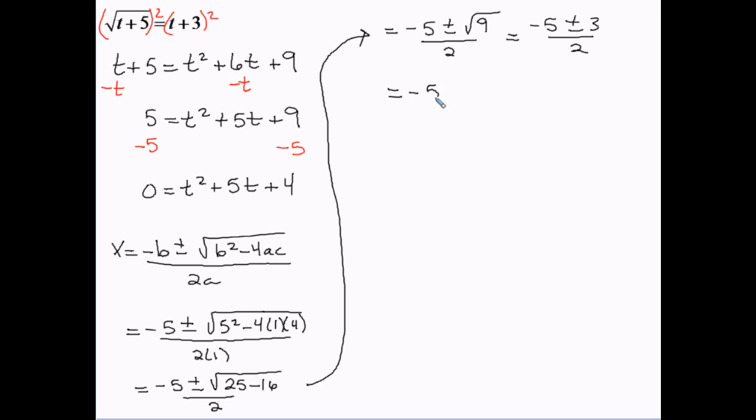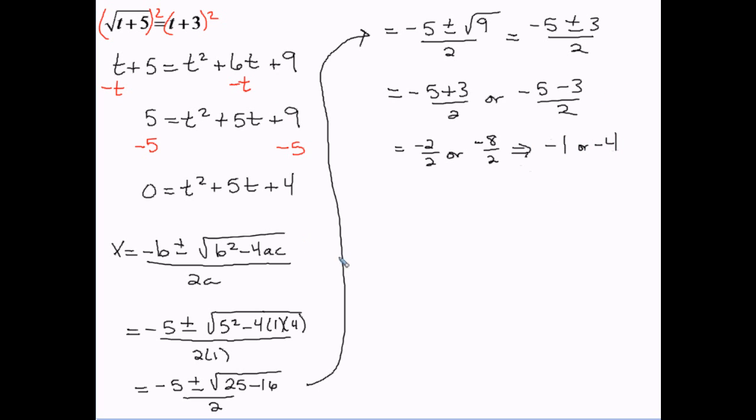So that's negative 5 plus 3 over 2, or negative 5 minus 3 over 2. So this is negative 2 over 2 or negative 8 over 2, which gives me negative 1 or negative 4.